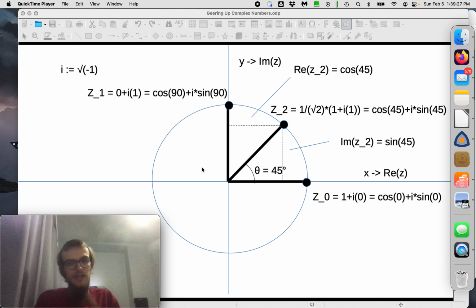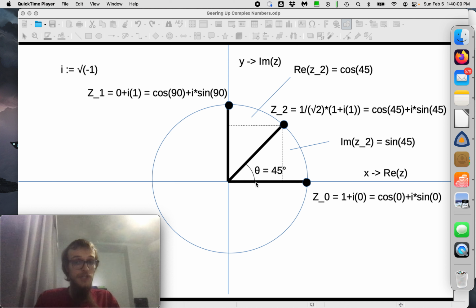Now what this means is that the complex numbers behave a lot like a two-dimensional xy plane, where instead of an x-axis we have a real axis, and instead of a y-axis we have an imaginary axis. So you can think of a complex number simply as the real part plus i times the imaginary part, or as characterized by a distance and an angle relative to the positive real axis.